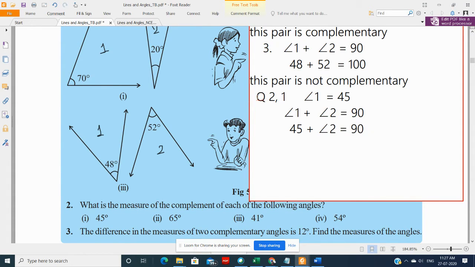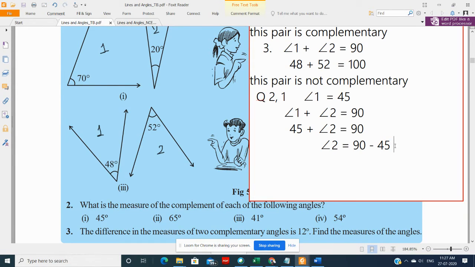You just have to copy paste. Now because we are supposed to find angle 2, we don't need this 45, so we'll change the side of this 45 and that would give us angle 2 is equal to 90 minus 45, because when this 45 changes its side and comes on the other side of the equal sign, it becomes a minus sign.